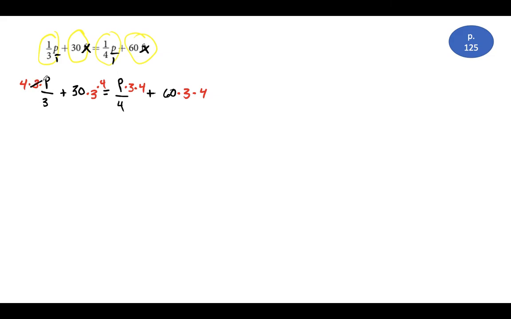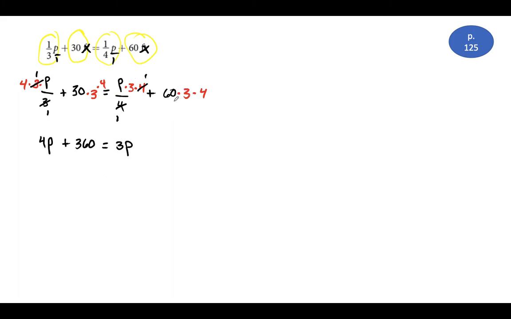So in this term, this 3 and this 3 cancel each other, and I get 4p. In this term, I get 30 times 3 times 4. Well, 30 times 3 is going to be 90. 90 times 4 is going to be 360. Here, the 4 in the numerator and the 4 in the denominator cancel each other, but I still have 3 times p, so that's 3p.